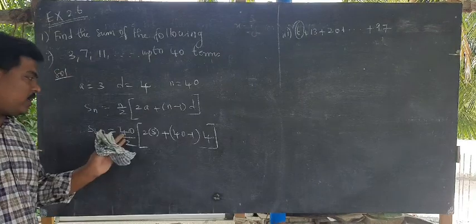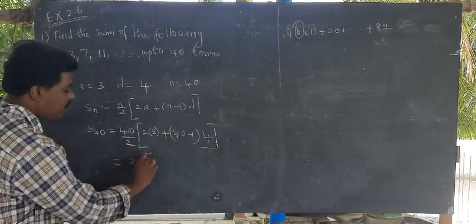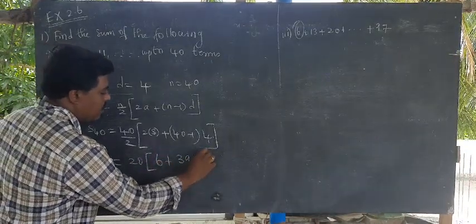In the examination, no need to write like this. We know very well, so just write 26 plus 39 into 4.